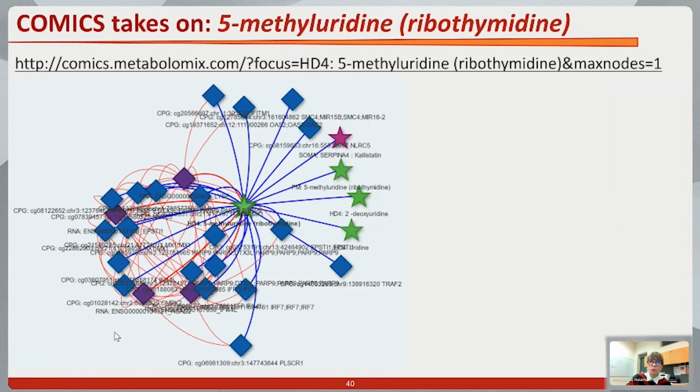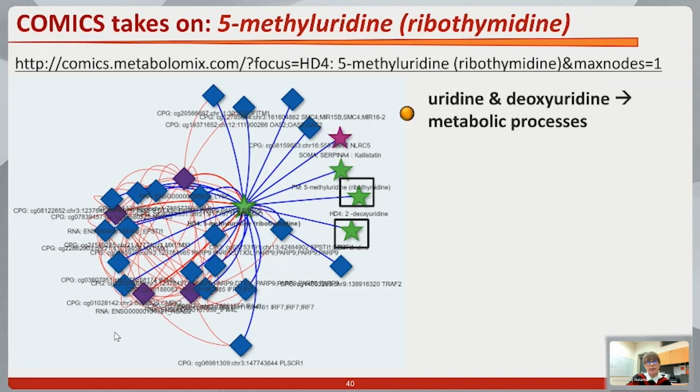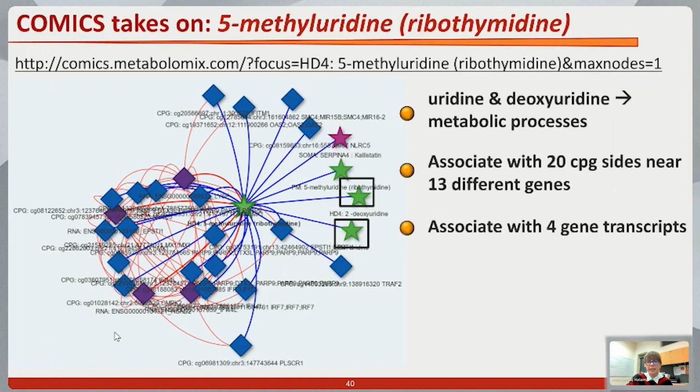For instance, 5-methyluridine is known to be associated with different inflammations, and this is the molecular cluster generated with comics related to 5-methyluridine. And what we can see here, the two metabolites are reflecting really metabolic processes of 5-methyluridine, again supporting the correctness of our data.